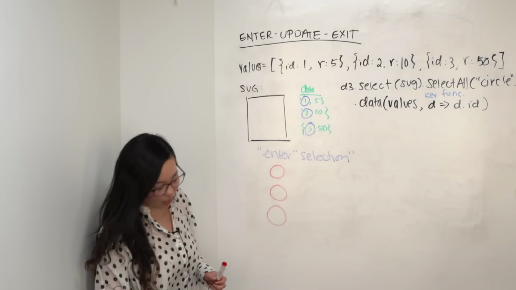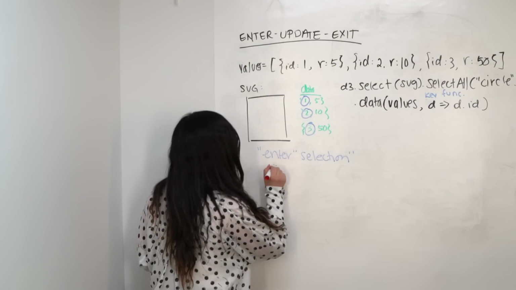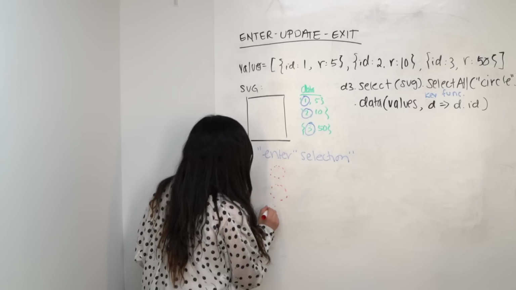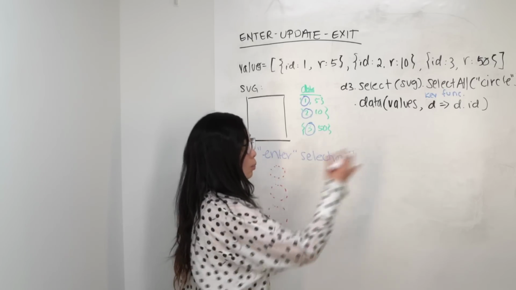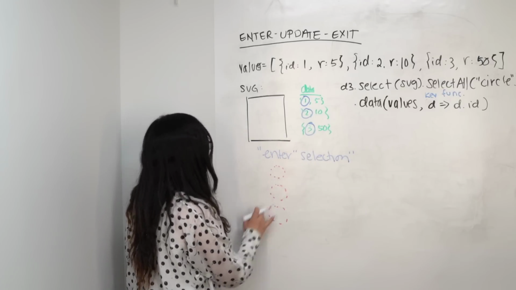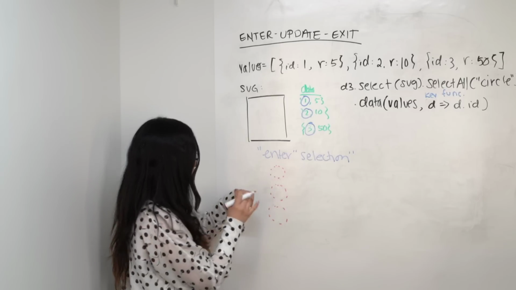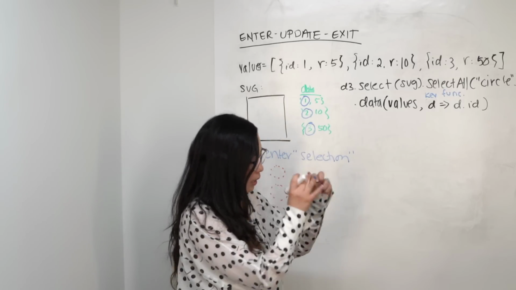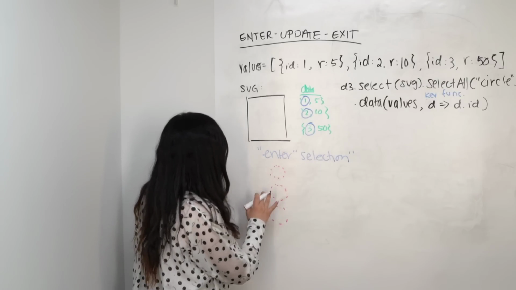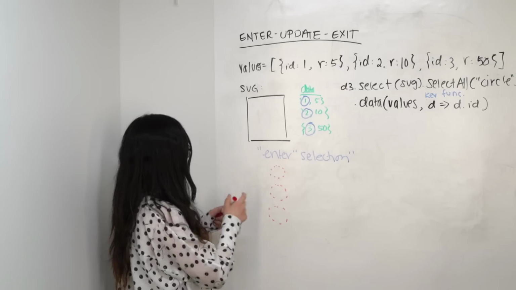Let me rephrase what I said a little bit. The method data will say we need to create 3 circle elements to match the data. It has this data structure. If you actually look at the DOM, it just says I have 3 placeholders if you ever want to create 3 DOM elements.